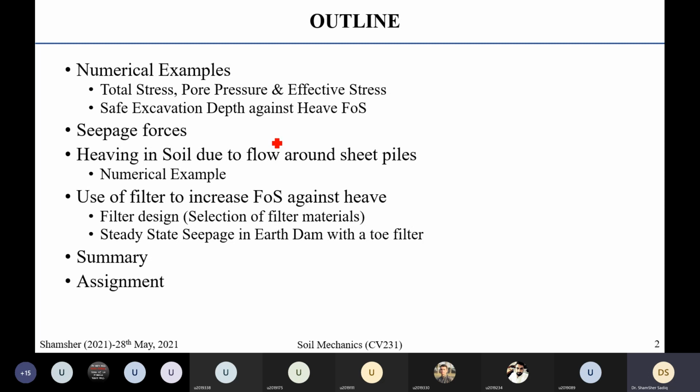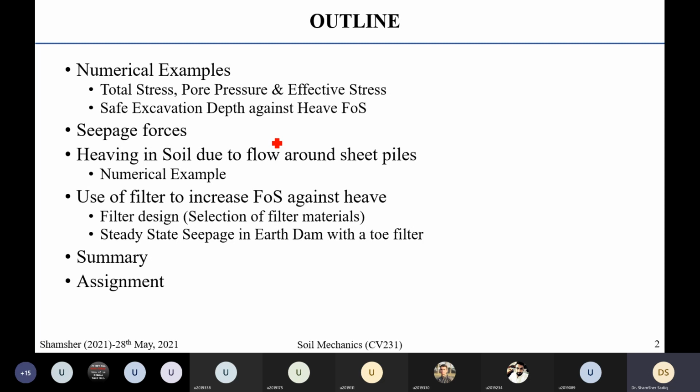Then we will talk about Professor Terzaghi's concept of heaving in soil due to flow around structures such as sheet piles, dams, and excavations, and we will solve one numerical example around the sheet pile.